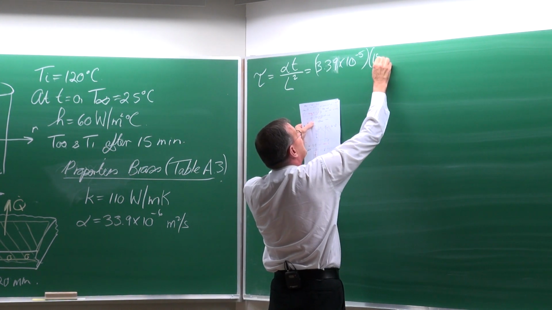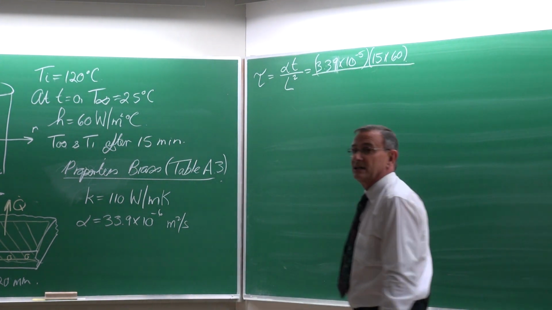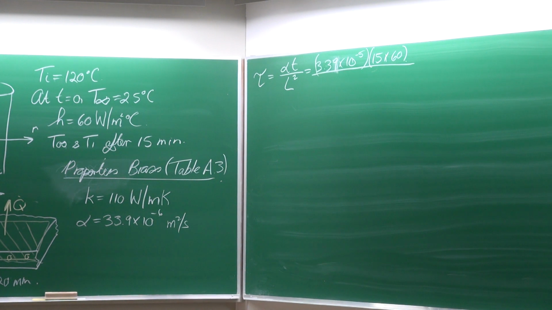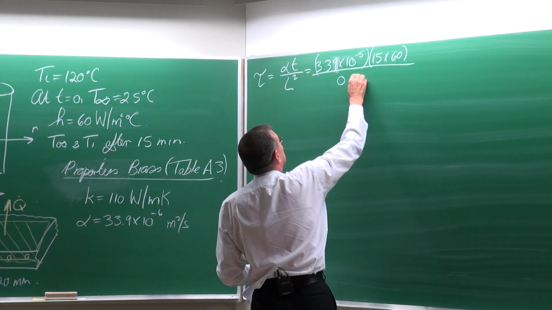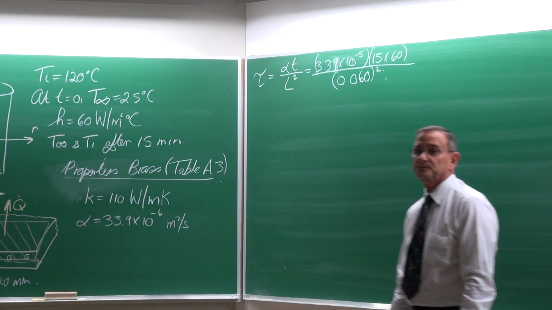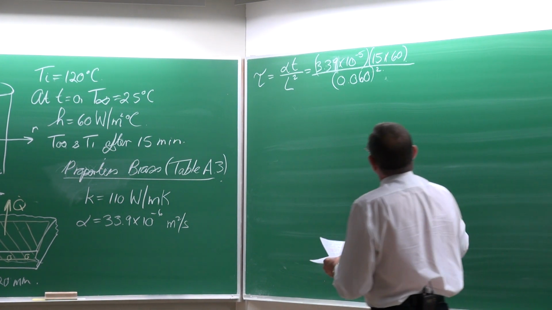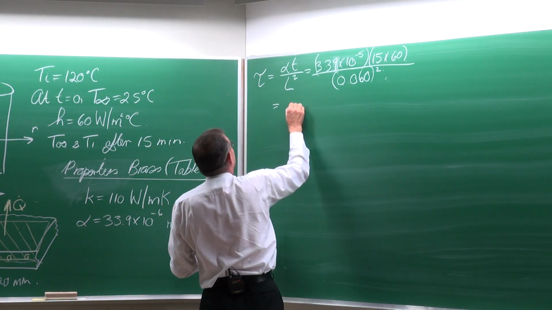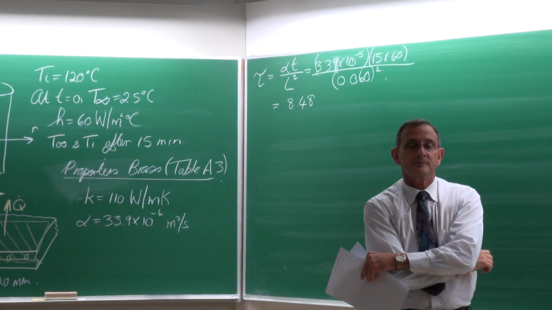The time is 15 minutes multiplied by 60 to get it into seconds, 900 seconds, divided by L squared, which is 0.06, 60 millimeters, squared. So the non-dimensionalized time is equal to 8.48.